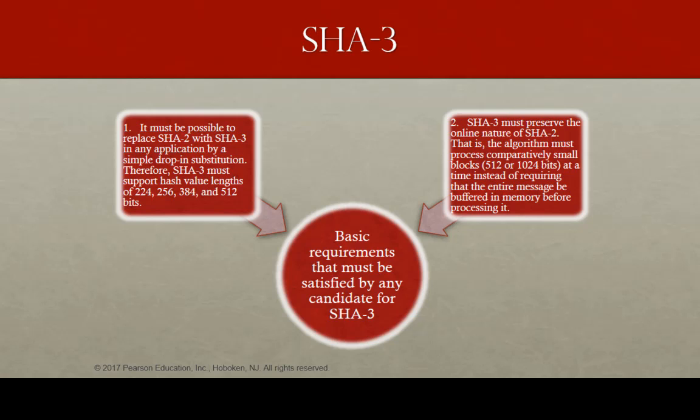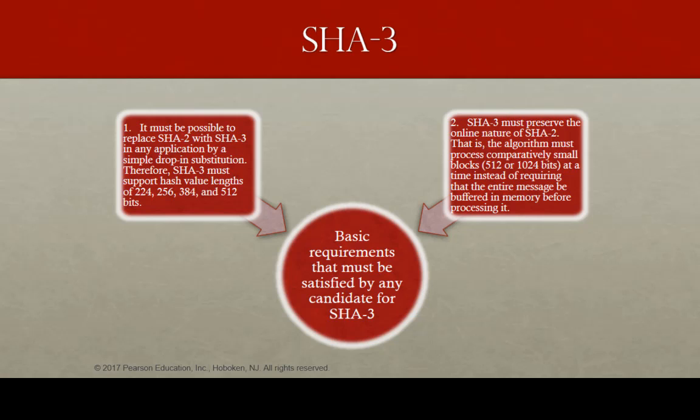Following are basic requirements that must be satisfied by any candidate for SHA-3. It must be possible to replace SHA-2 with SHA-3 in any application by a simple drop-in substitution. Therefore, SHA-3 must support hash value lengths of 224, 256, 384, and 512 bits. SHA-3 must preserve the online nature of SHA-2.